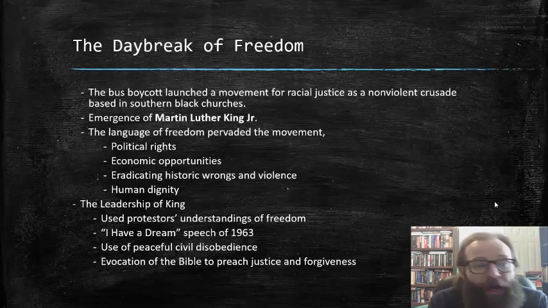Issues of political rights, economic opportunities, eradicating historic wrongs and violence, and the very essence and nature of human dignity itself. King's leadership style used protesters' understandings of freedom to undergird the issues of racial injustice in the United States.